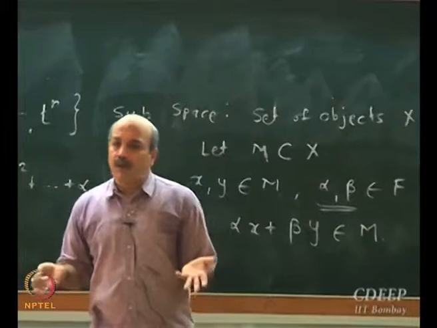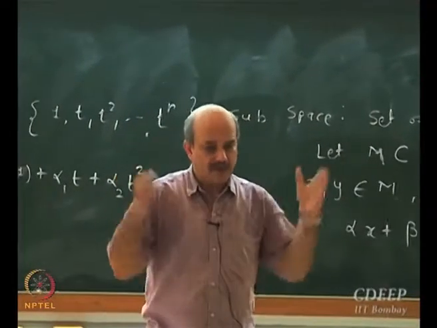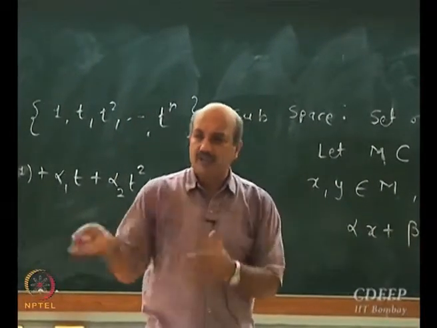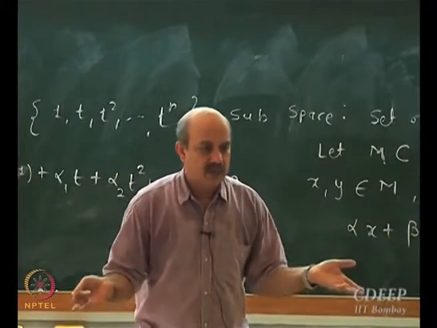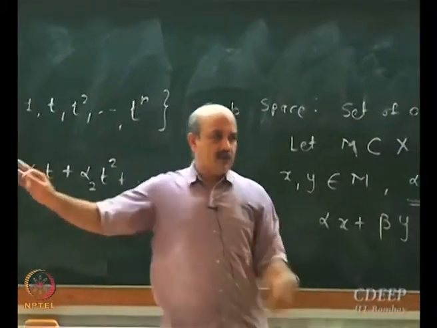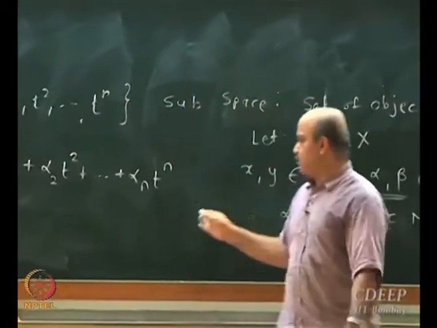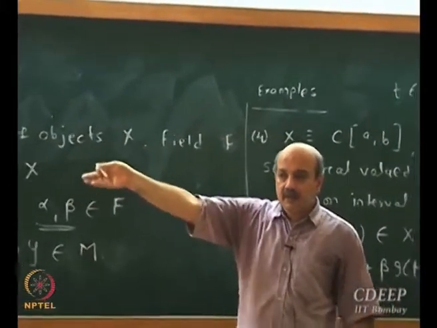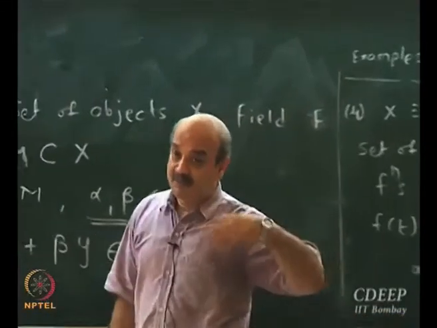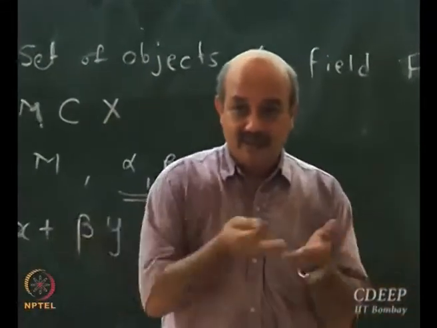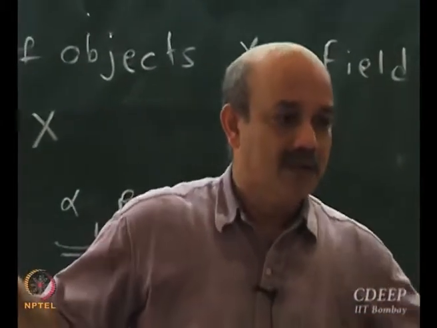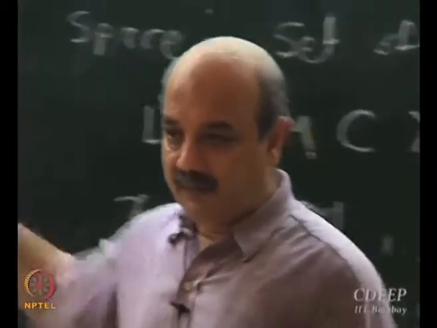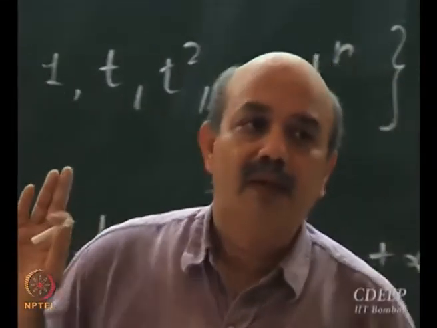If you take a finite order polynomial and add to it another polynomial, you're going to get a finite order polynomial. All these properties will hold for a set of polynomials, and you can show that this is a subspace. The zero element will be there, the zero function, the zero polynomial. All the things that you need will be there in this set.